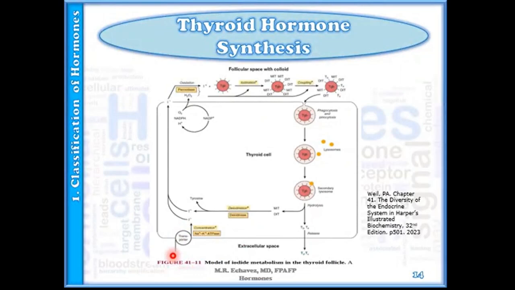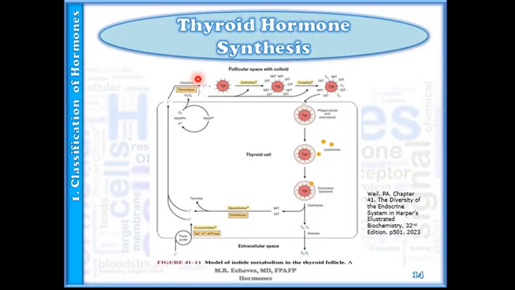Your iodide goes in and it goes directly to your colloid, because that's where your peroxidase enzyme is, and it has to undergo oxidation, so it loses its negative sign. It goes from iodide to iodine, so no more negative sign.